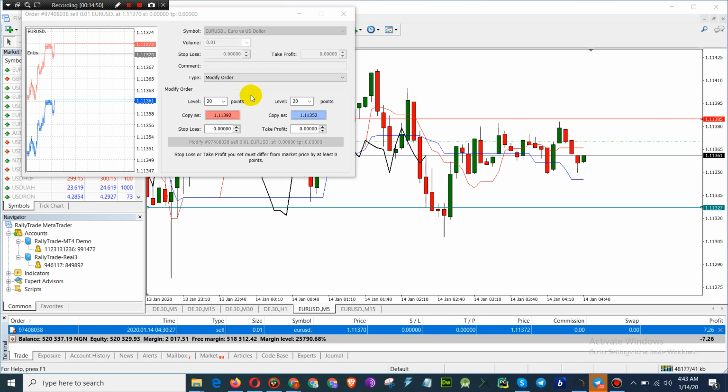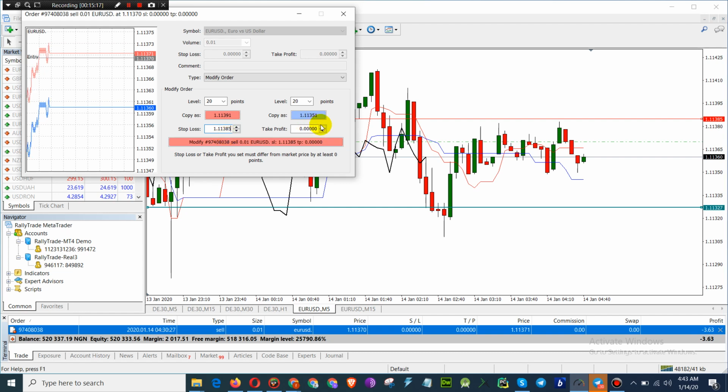Okay, so I'm about to set the stop loss and take profit. It's so easy. You right click and click modify or delete, just as I did, then edit this to this price here, which is 1.11385. That's why it's easier to do this on a system than on a phone.